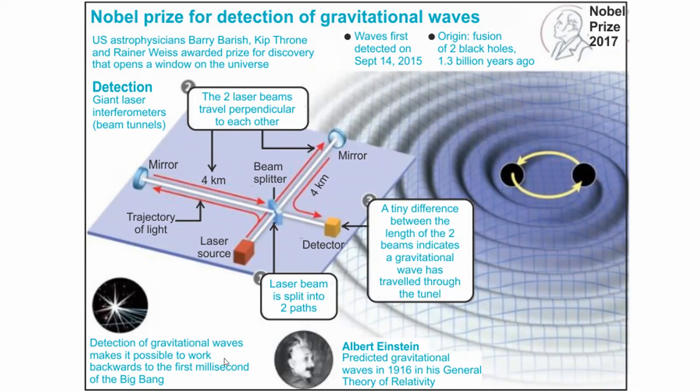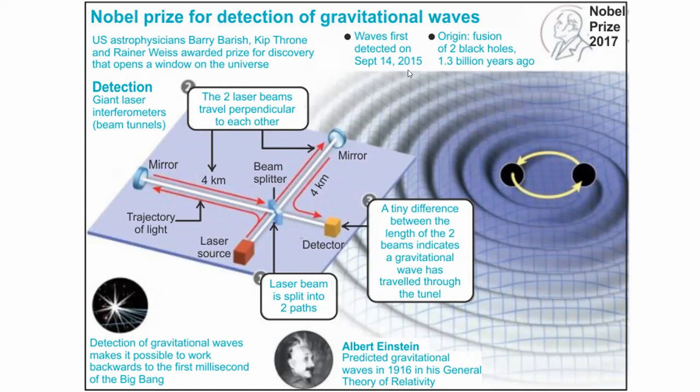Detection of gravitational waves makes it possible to work backwards to the first millisecond of the Big Bang, when the universe was created. Albert Einstein predicted gravitational waves in 1916 in his general theory of relativity. That was evidenced by three great scientists in 2015.